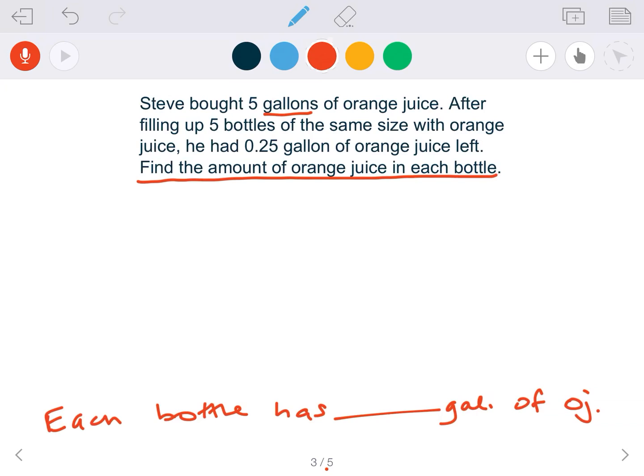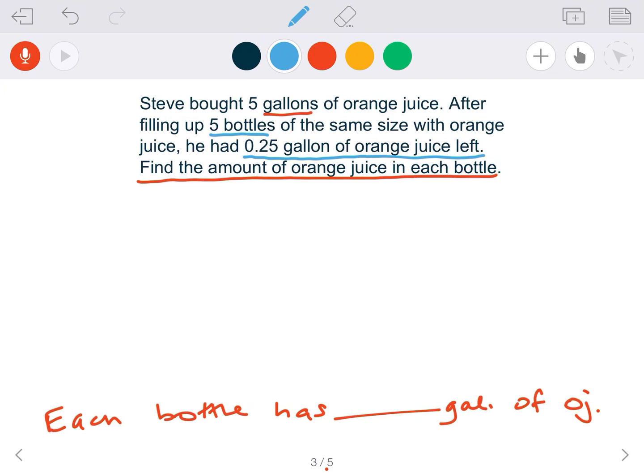So he bought 5 of those gallons. And then he decided that he was going to dump them into different bottles, not gallons, but bottles. And we don't know why he's doing this, but we do know that these 5 bottles don't quite take up all of it because he still has some left.